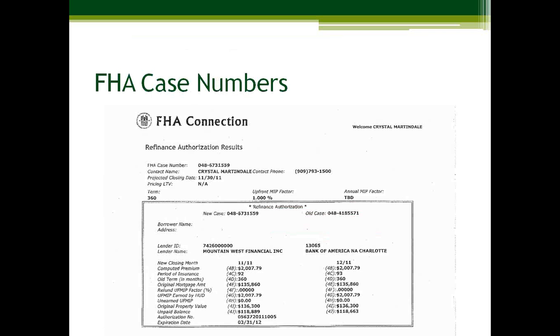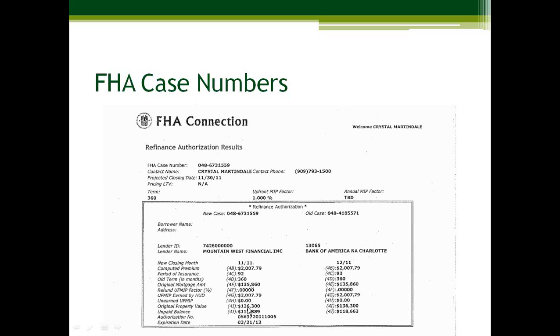So let's take a look at a refund authorization form for a case number that was pulled before April 9th. So in this case, upfront MIP factor is 1%. This loan was closing, let's say, in November of last year. So we're going to be looking at this information down here.